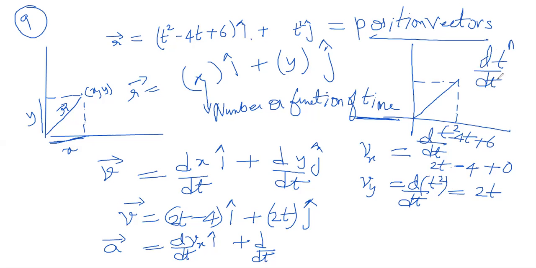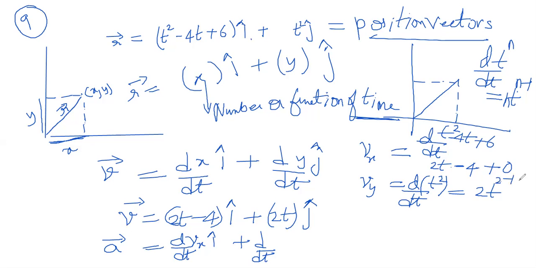Yes, sir. What is the formula? Tell me. Formula of this. What will come? n minus 1, sir. What n minus 1? n into t power n minus 1, sir. Then why are you not telling this n? Okay, sir. t power 2 is there, 2 will come here. 2 into t power 2 minus 1.